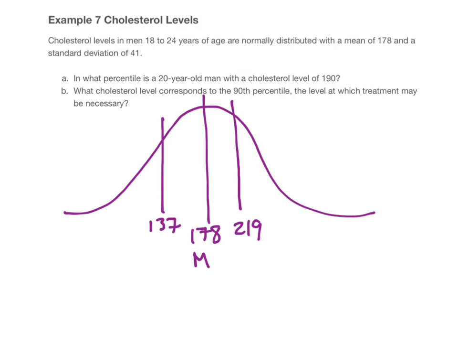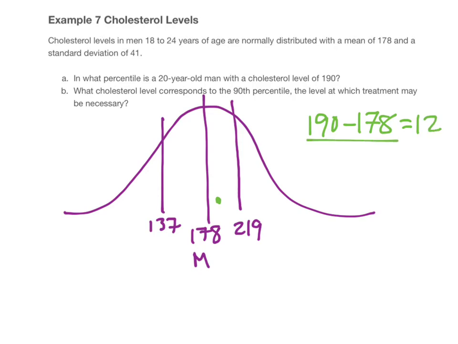But we want to know in what percentile is a 20-year-old man with a cholesterol level of 190. He's going to fall somewhere right around here in the data, with a cholesterol level between 178 and 219. Exactly where between those 2 points? Let's find his z-score. We take his data value, 190, and subtract the mean, and we get 12.